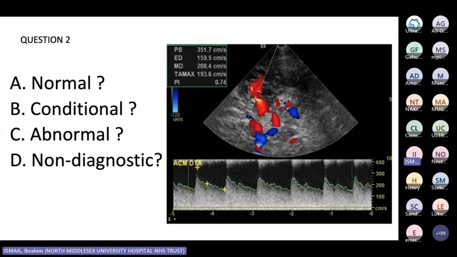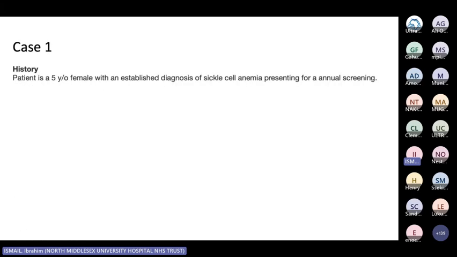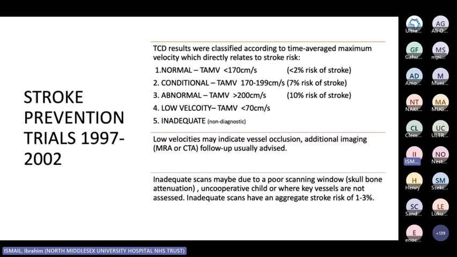So 69% said it was conditional, and 21% said abnormal. In terms of the image here, the value that we would look for is time average max, 193 centimeters per second. It is within the conditional parameters, correct?